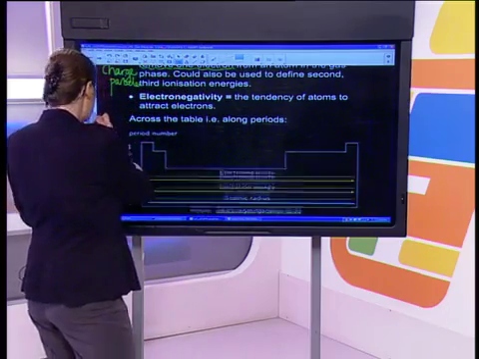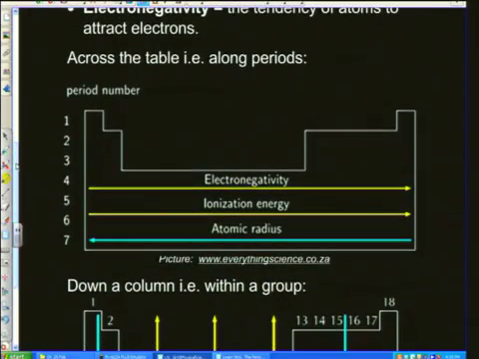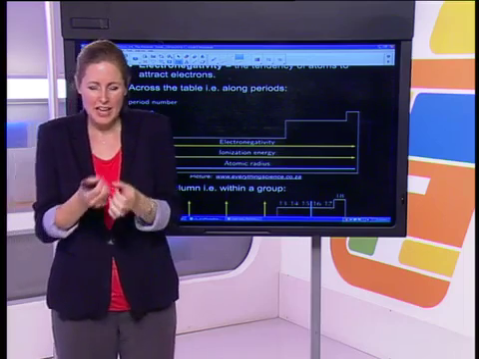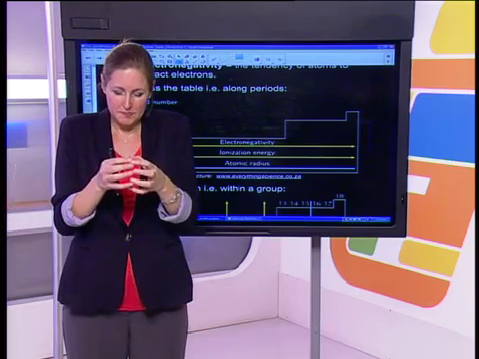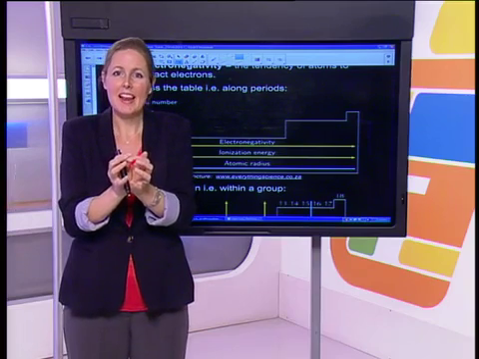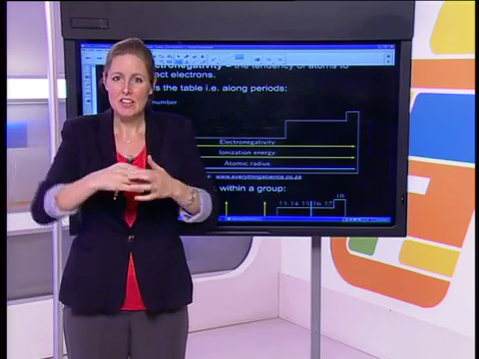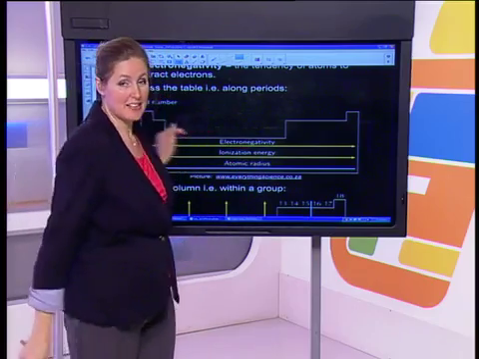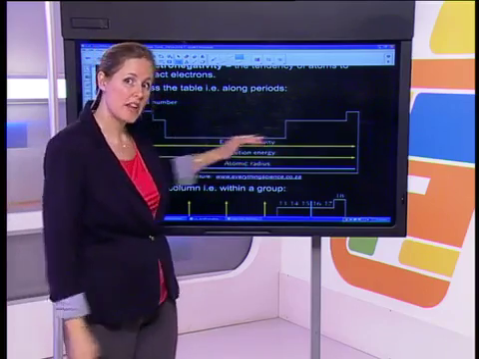There are a number of trends. As you go across the table, along the periods, along the rows, there will be certain trends. What you need to notice is that electronegativity increases as you go across, specifically highest in the halogens. Why? Well, remember we said the second period is only going to have 2 energy levels.